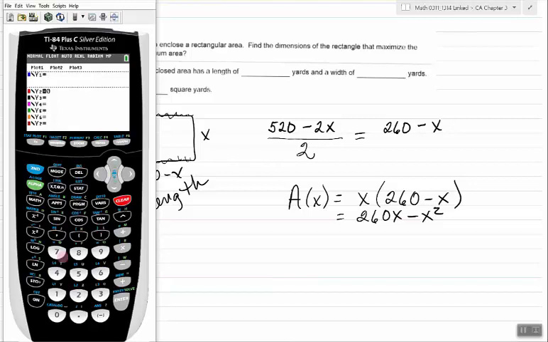So I will put in 260x minus x squared. And I'm going to go ahead and eliminate that x equals 0 because I don't need it. Let's just see. This was the leftover window.